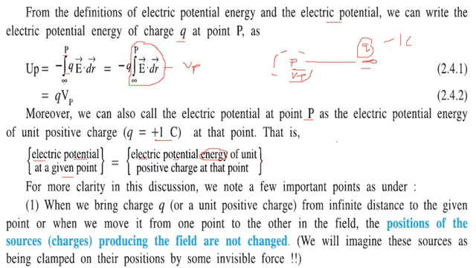When we bring a charge Q, say a unit positive charge, from infinite distance to the given point, or when we move it from one point to another, say it is already in the electric field and we are relocating it from this point to this point, the position of the sources producing the field does not change.